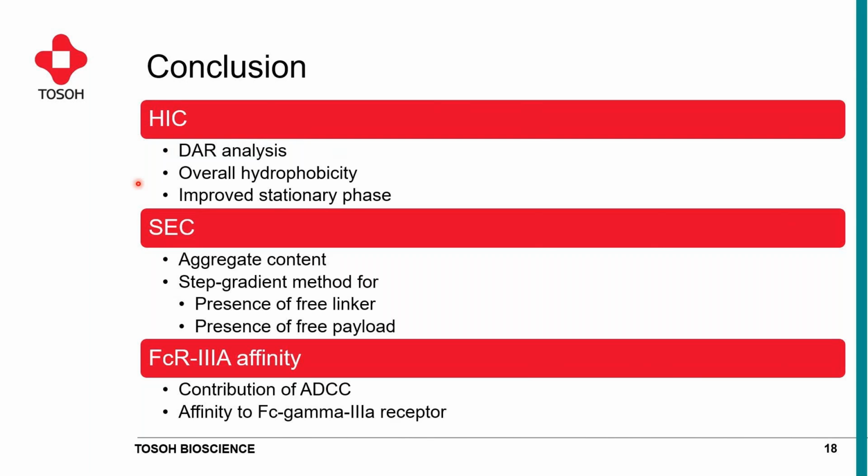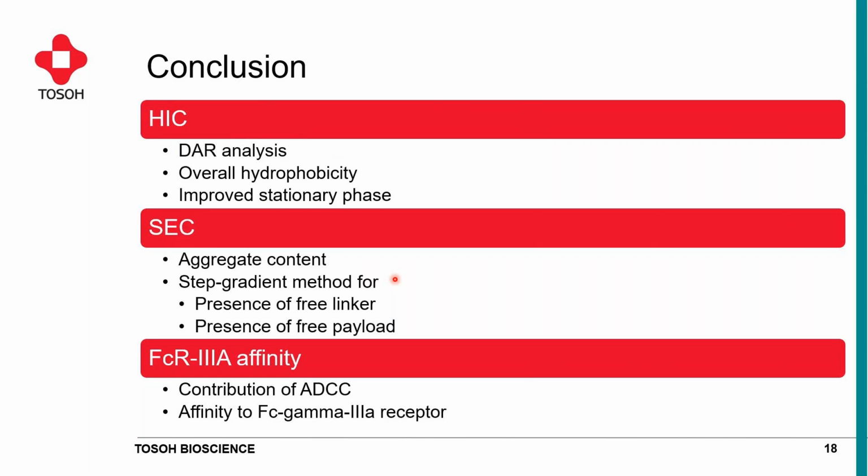For size exclusion chromatography, apart from the standard methodology which analyzes aggregates in our ADC sample, we found a method that can not only look into the ADC and the aggregates, but also the presence of a free linker and a free payload.